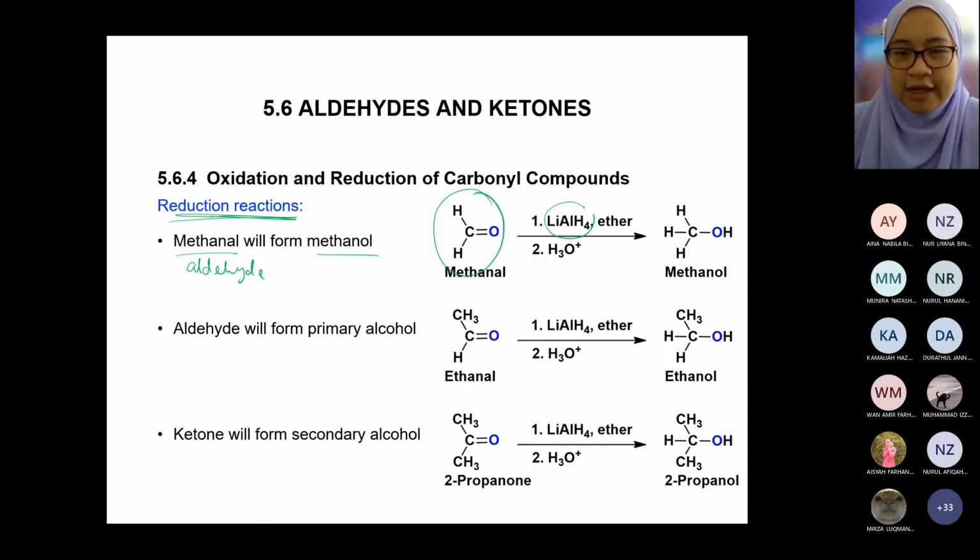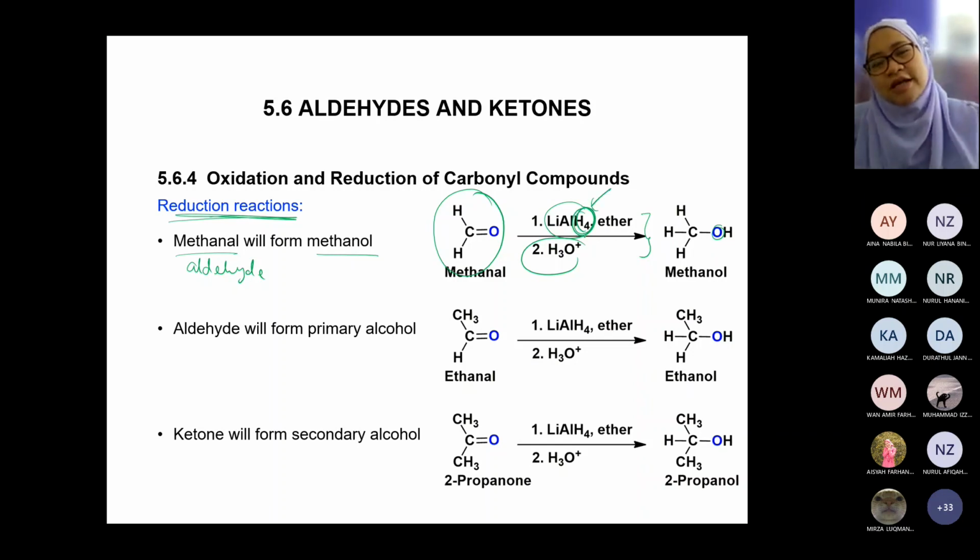Reducekan, maksudnya kita kena pakai lithium aluminium hydride in ether. And these are the condition lah. Kalau condition means kena exactly this. Tertinggal maksudnya tertinggallah markah you. So bila dia reduce, okay, so the oxygen will be reduced. So you kena tambah hydrogen pada oxygen, and not only that, dia adalah supplier of hydrogen.